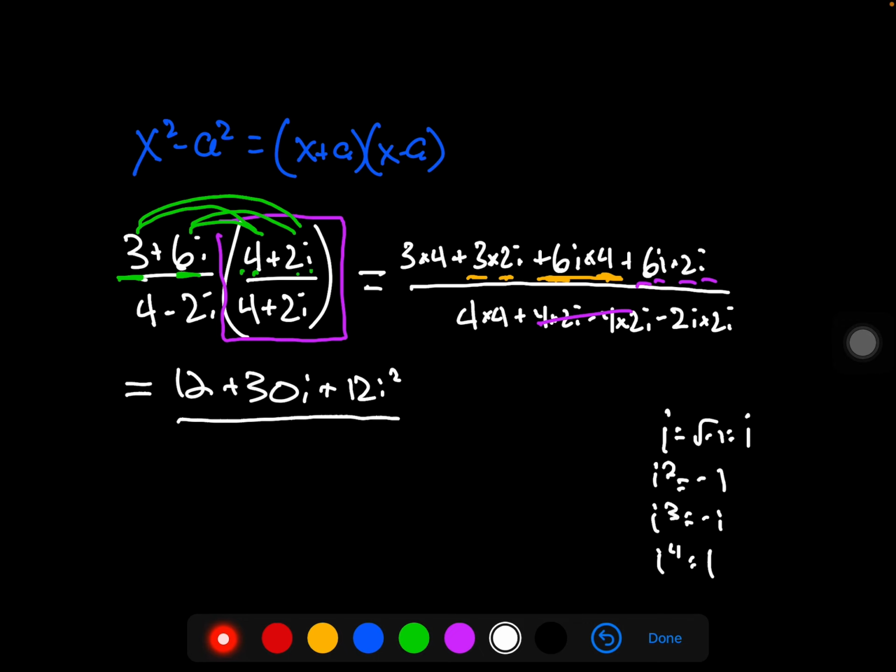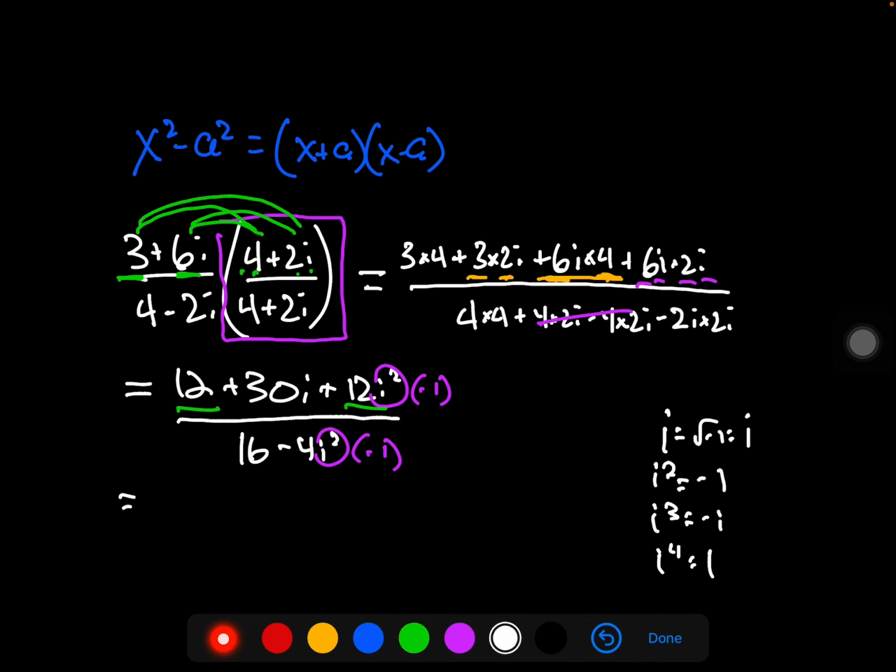On the bottom here, we've got 16, which is 4 times 4, minus 2 times 2, which is 4, i times i is i squared. Now we can substitute for i squared. This is actually negative 1, this is actually negative 1. So we're going to have 12 minus 12, which is 0.